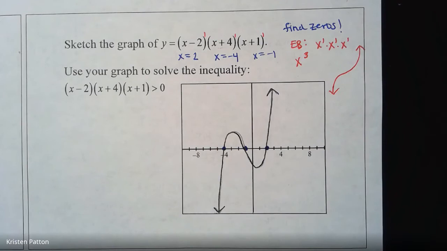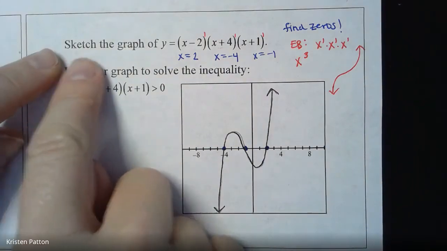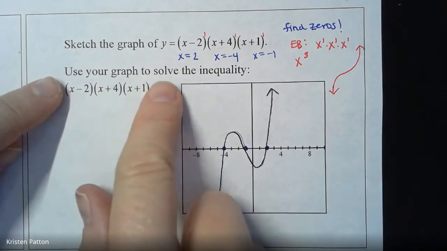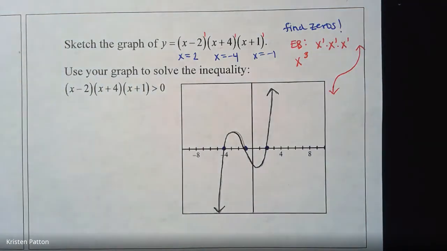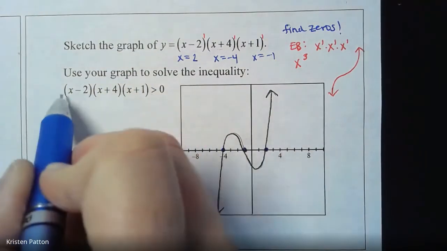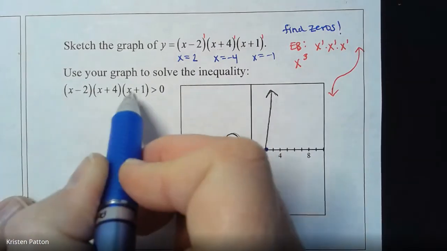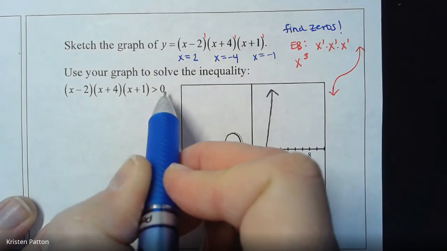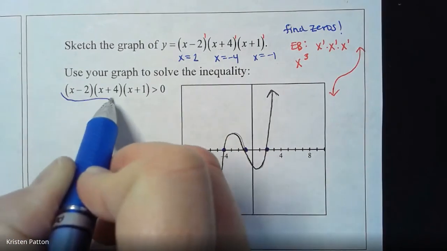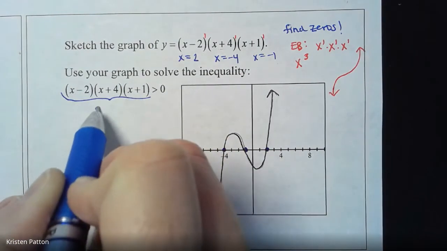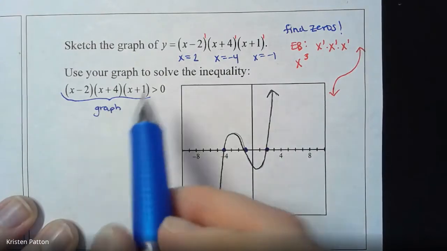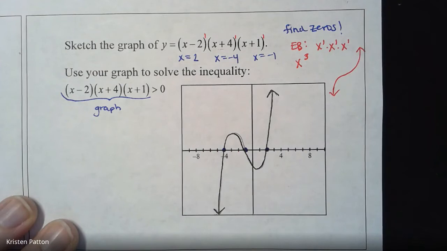Perfect. All right, step number 1, sketch the graph. Done. Number 2, use your graph to solve the inequality. Take this factored polynomial and tell me when it's greater than 0. Okay, so first of all, the left side, that's our graph. They want to know when the graph is greater than 0.